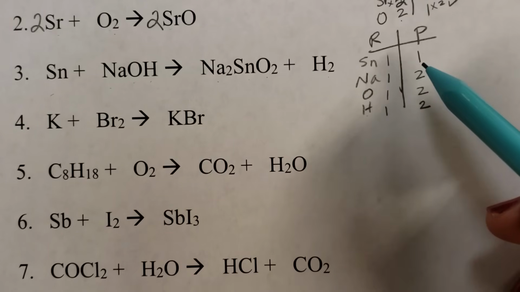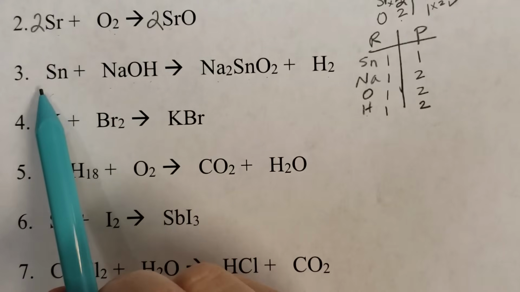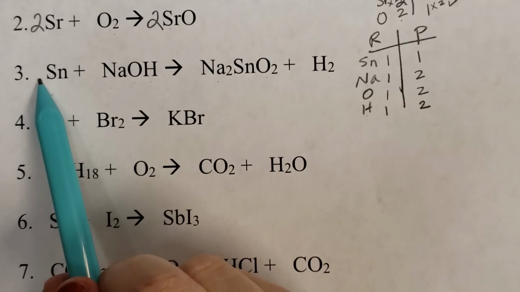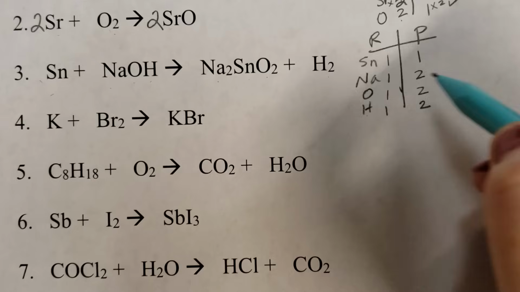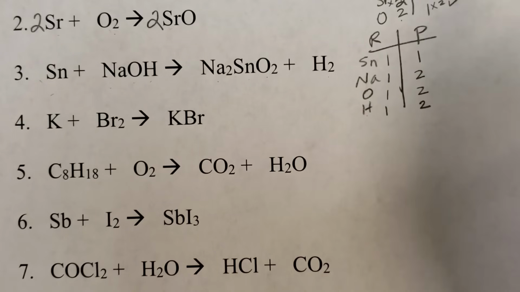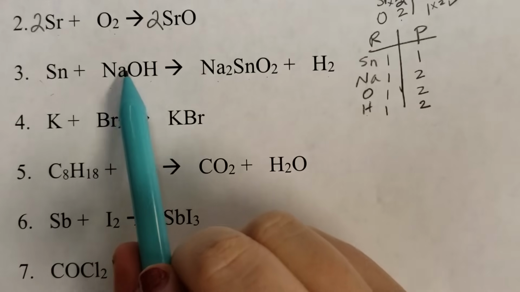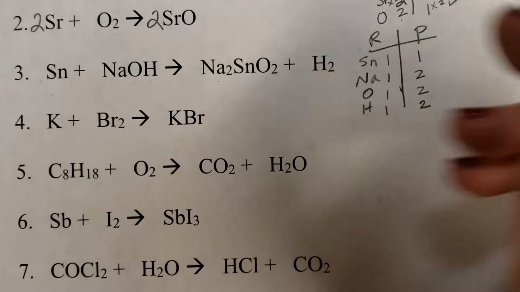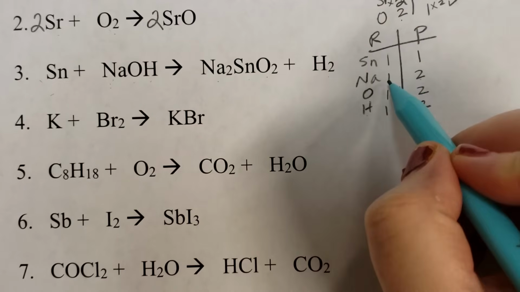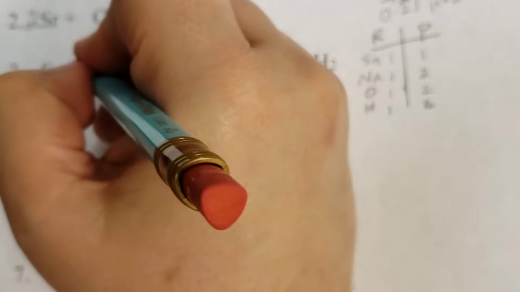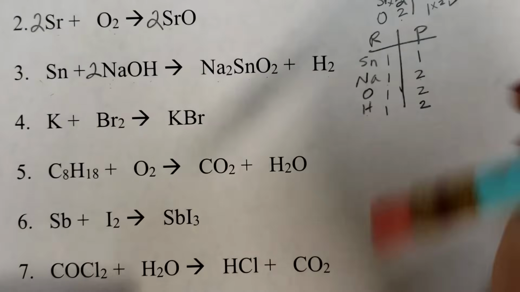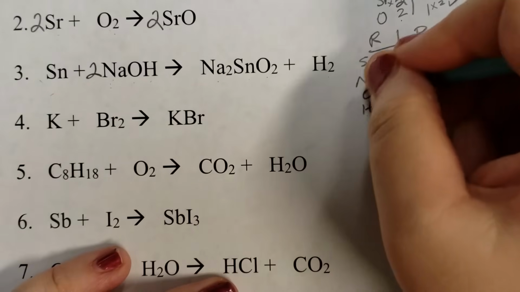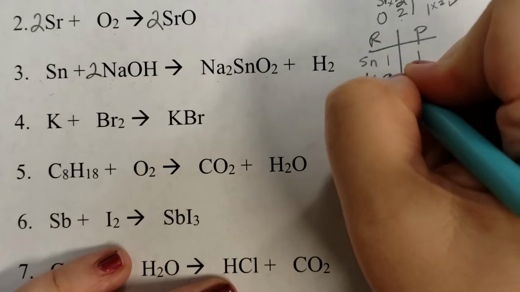Remember, easy ones first. So let's see, which one is the easiest? Probably this one. All right, so let's do the tin. Oh, that's already balanced. Okay, well, let's go to the next easiest one. Sodium. We have 2 on this side, 2 on this side. So if you put a 2 here, that makes this 2.